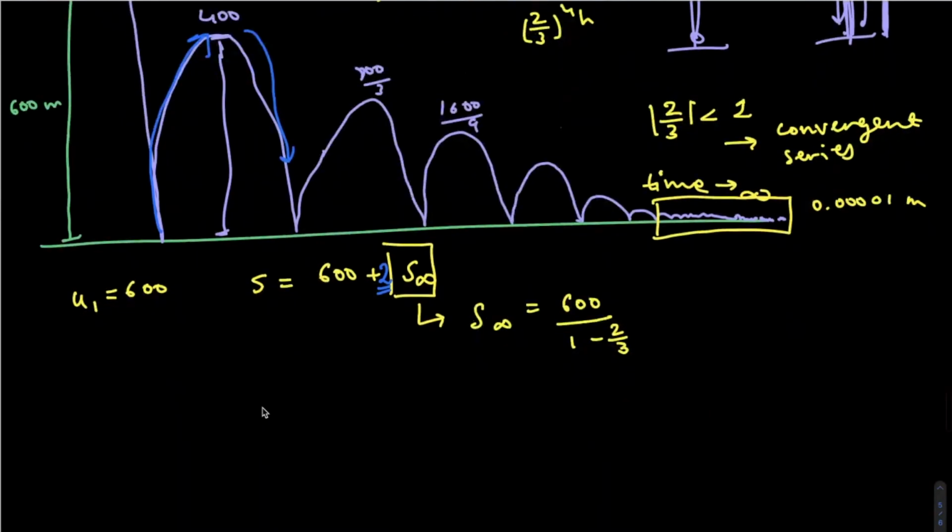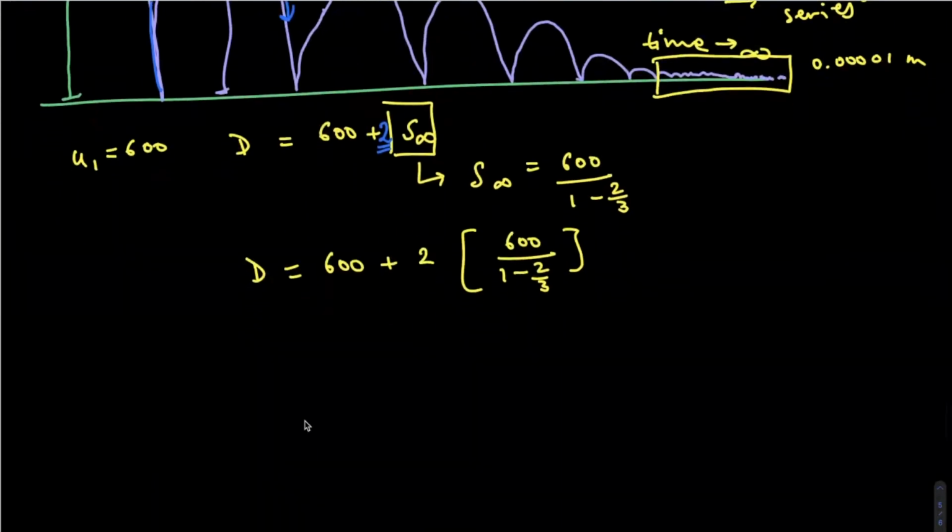So what we have here is sum, or I'm going to write it as capital D for distance. That's how I'm going to denote it. So distance is 600 plus 2 times 600 upon 1 minus 2/3, right?